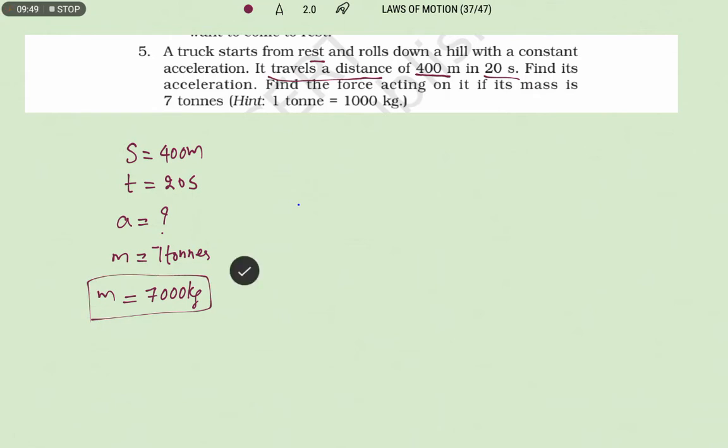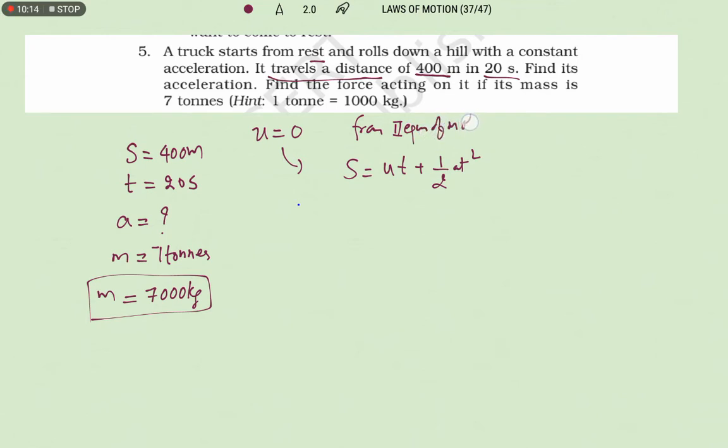Right, it starts from rest, so initial velocity u equals 0. With the help of this we can find its acceleration. How can we find it? With the help of S equals ut plus half at square, from the second equation of motion.